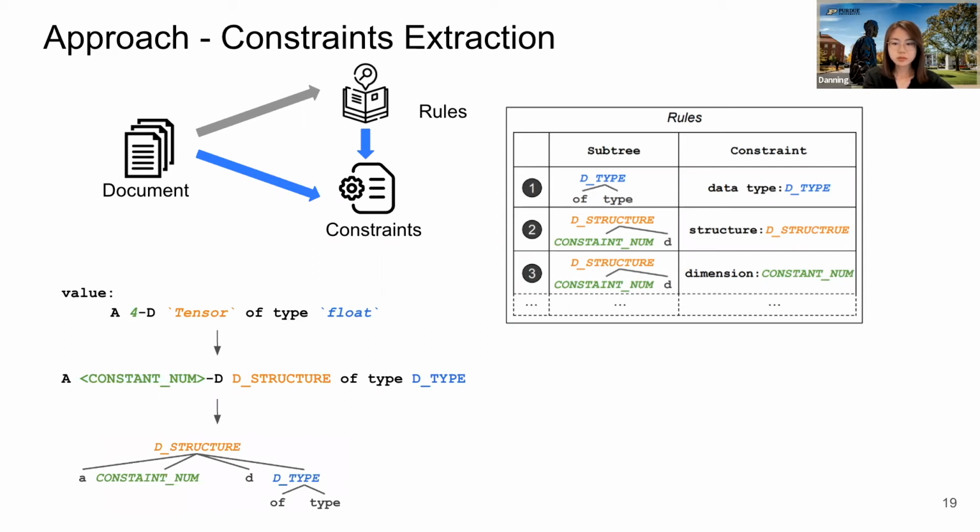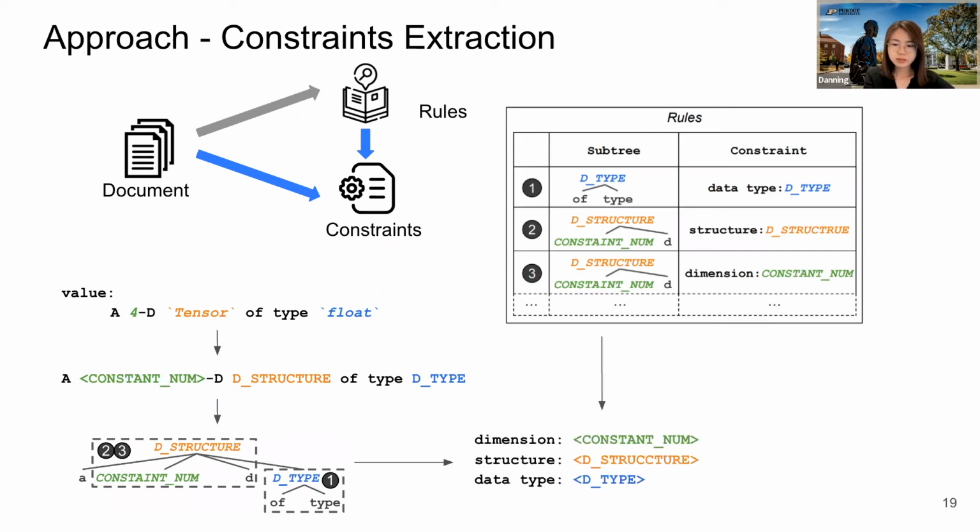The parse tree contains 2 frequent subtrees. These 2 subtree patterns correspond to rules 1, 2, and 3. DocTer applies these rules and obtains the constraints for the parameters. Then, with reference to the original document, we reverse the annotations to the concrete constraints. For example, D type mapped to the word float in the original document, so we extract the data type as a float.